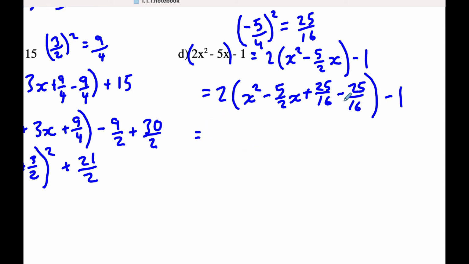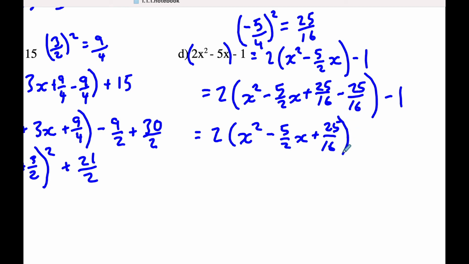So now we want to take this outside the bracket so that we end up with what we need for forming our perfect square trinomial. So we end up with x squared minus 5 over 2 x plus 25 over 16.